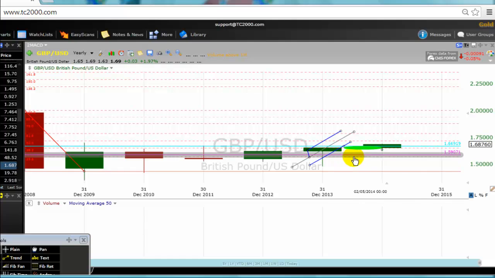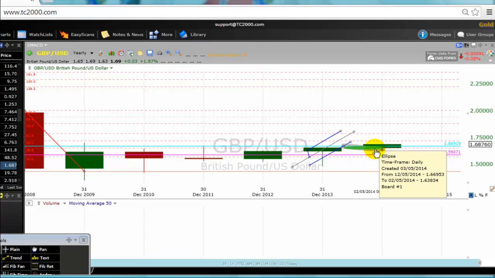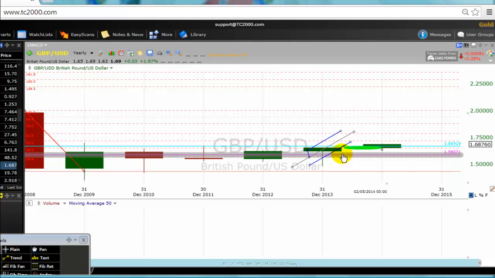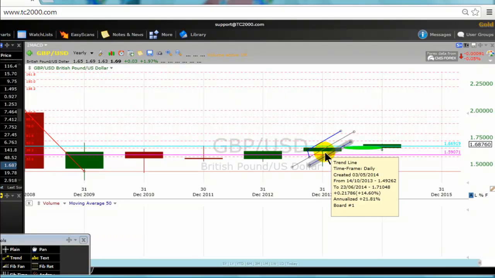The long-term equilibrium price level for the pound dollar is at 159.07. This is the long-term equilibrium price level. Right now, the price is bullish, and we have seen that the short-term equilibrium price level keeps changing to the upside, which means the price is running away from this long-term equilibrium price level so far. So it's looking bullish for the pound right now.